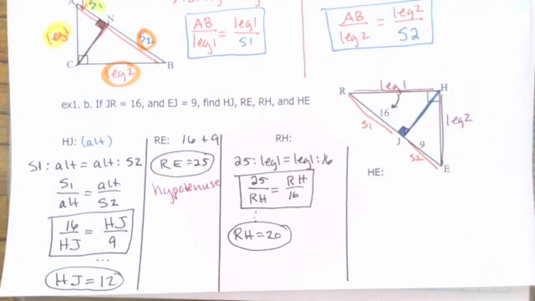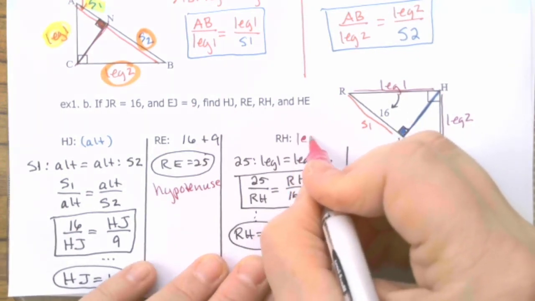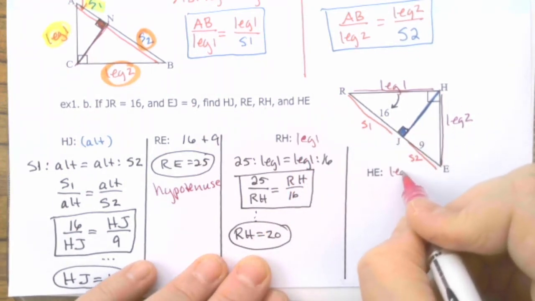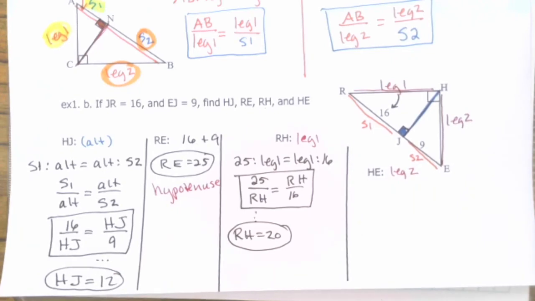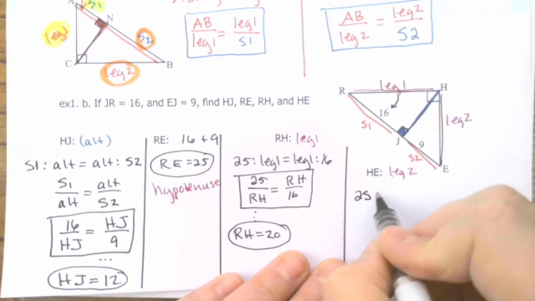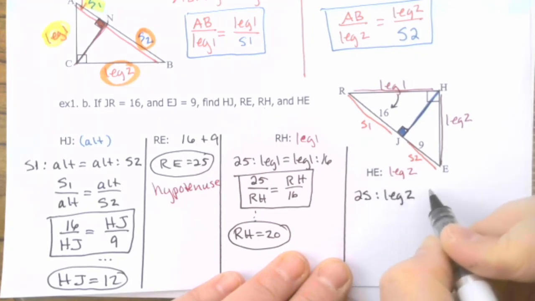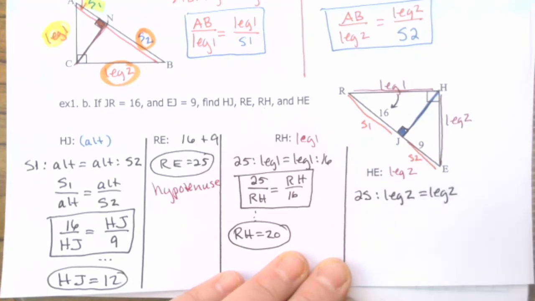Okay, last one, HE. So RH was leg 1, HE is leg 2. Let's use the theorem again. Leg 2 is the geometric mean of the entire hypotenuse and the nearest piece. So the hypotenuse is 25. We're dealing with leg 2 being the geometric mean, so it goes in the middle.